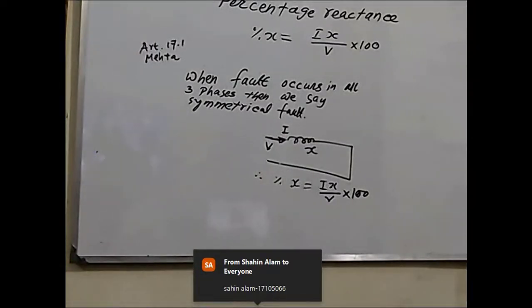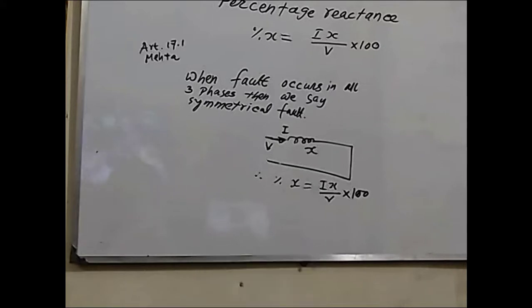Now, percentage reactance can be expressed as percentage X equal to I into X divided by V into 100. You know X equal to what? X equal to reactance.